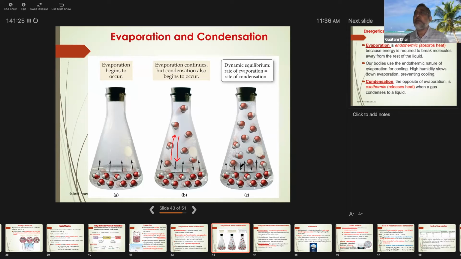So it's equilibrium. But it's dynamic because cars are moving in and out at the same rate. And same here. Your water molecules are condensing and water molecules are evaporating, and they are doing so at the same rate. That's why it's called dynamic equilibrium. So remember this term, dynamic equilibrium. Okay.